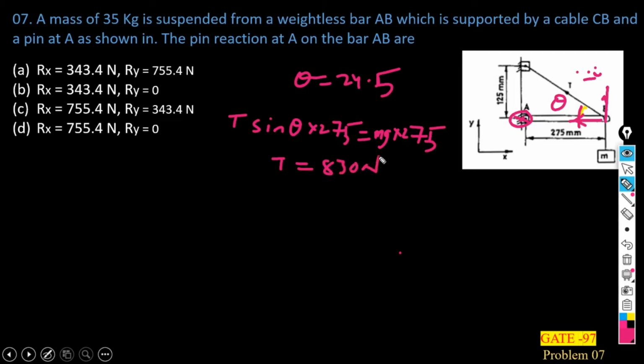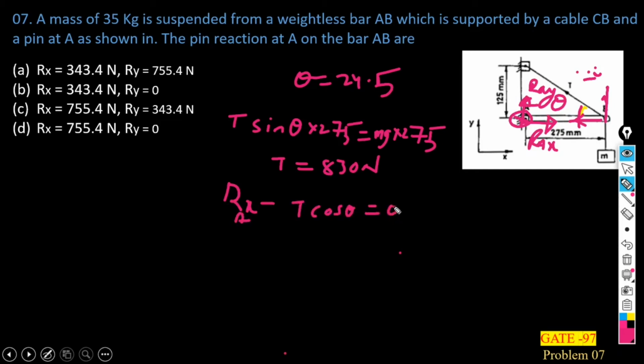Then if you draw the free body diagram of AB, this is Rax, this is Ray, this is tension T, this is mg. Then if you take the summation of forces along the horizontal axis, Rax minus T cos theta is equal to 0.